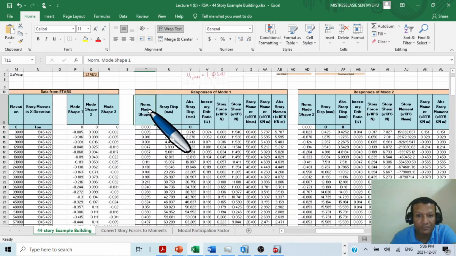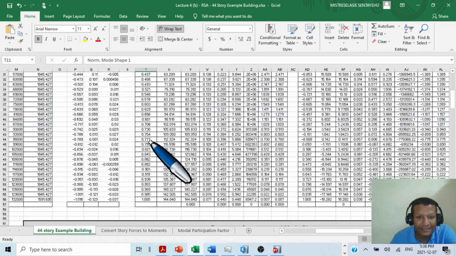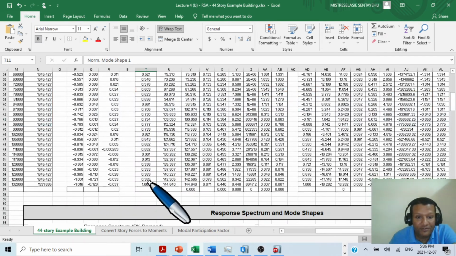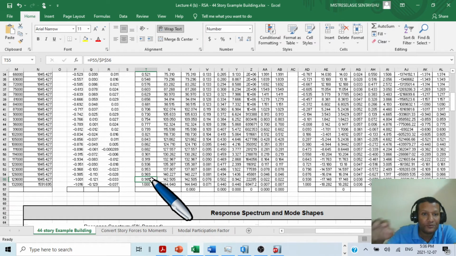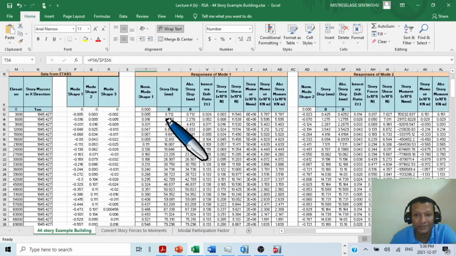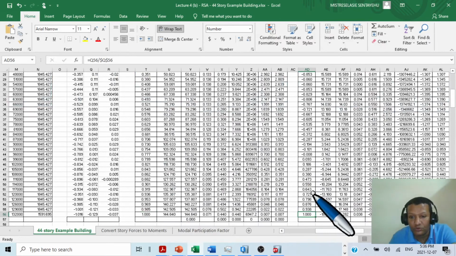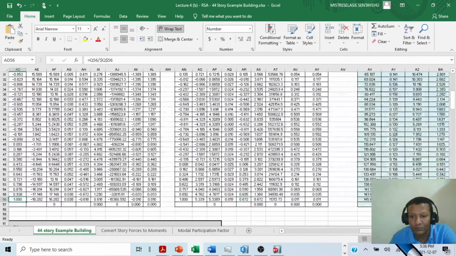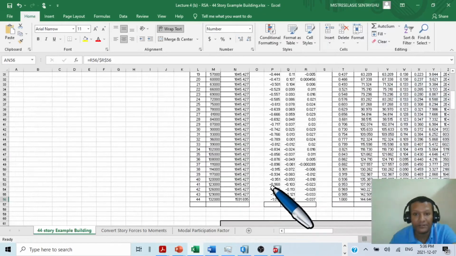This is mode 1 shape, so we will normalize it by dividing by the maximum. As you can see, for mode 1 I divided it by the maximum, 1. Again, mode 2, this is the normalized one, mode 3, it is normalized. So everything is normalized in the modes.